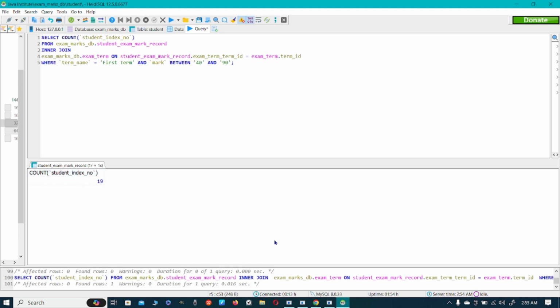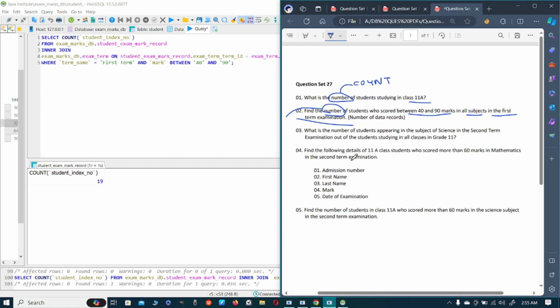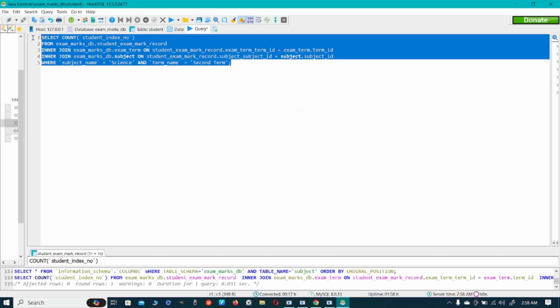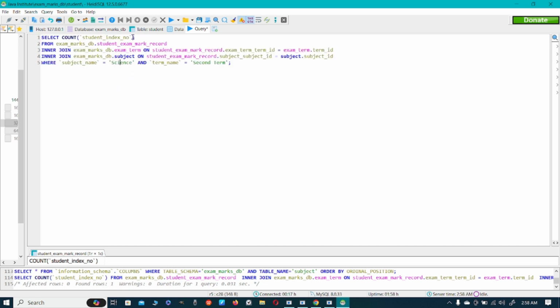So let's see the third question. What is the number of students? Once again, we have used the count keyword. What is the number of students appearing in the subject of science in the second term examination of students studying in all classes in grade 11? This should be our third query. Firstly, we took the student index number, so we can count the number of students.